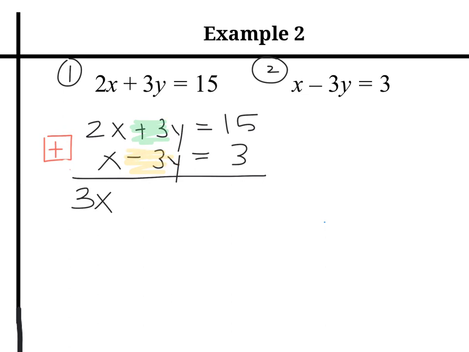That is a 0. So we could say a plus 0. And then we have our equal sign. And then we have 15 plus 3. 15 plus 3 is 18. All right, so I'm just going to simplify this to 3x equals 18. We can leave out the 0 because we know there's no value there.